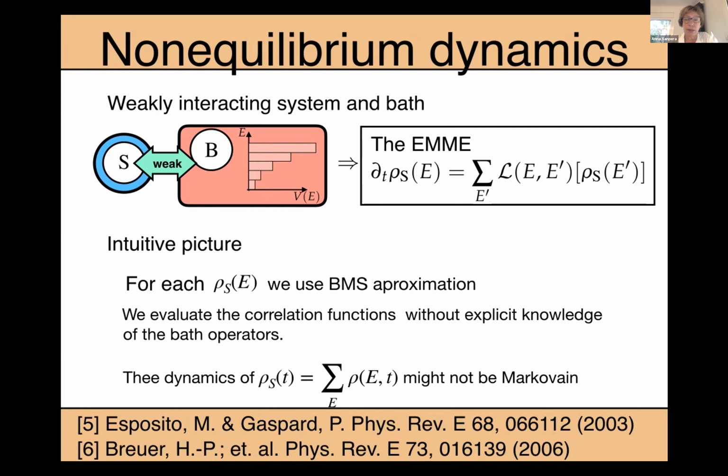Then we can also evaluate the dissipation rates or the correlation functions without having explicit knowledge of the bath operators, because although the systems are becoming smaller and therefore we have more access to know things about the environment, nevertheless the environment is still an environment, so there is no need to know all the details.